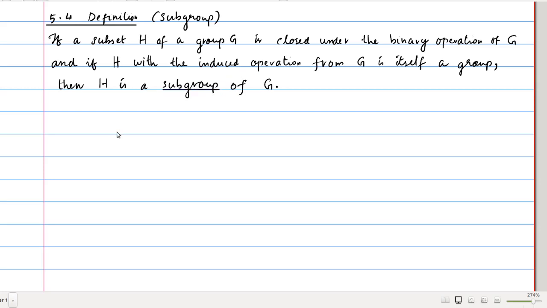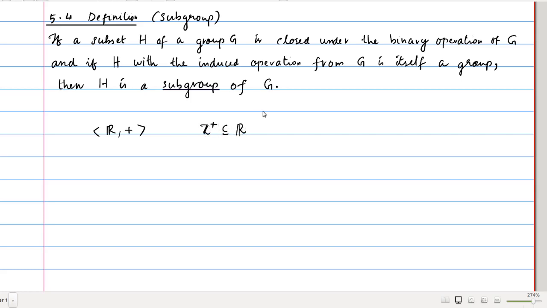Okay, that means for example, if you consider the group R under addition, we have already discussed this group. This is the set of all real numbers. If we choose the set of all positive integers, we can consider this as a subset of the real numbers.